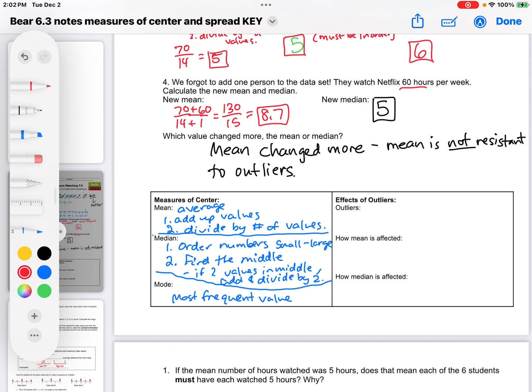Okay? Now, the effects of outliers. An outlier is an extremely large or small value compared to the others.